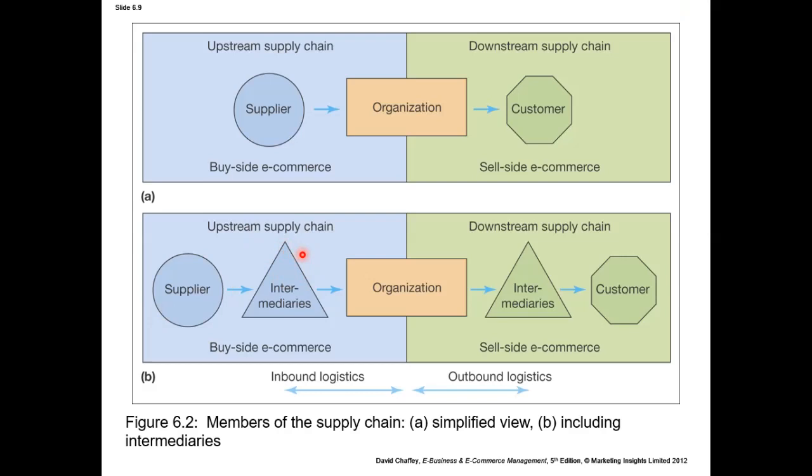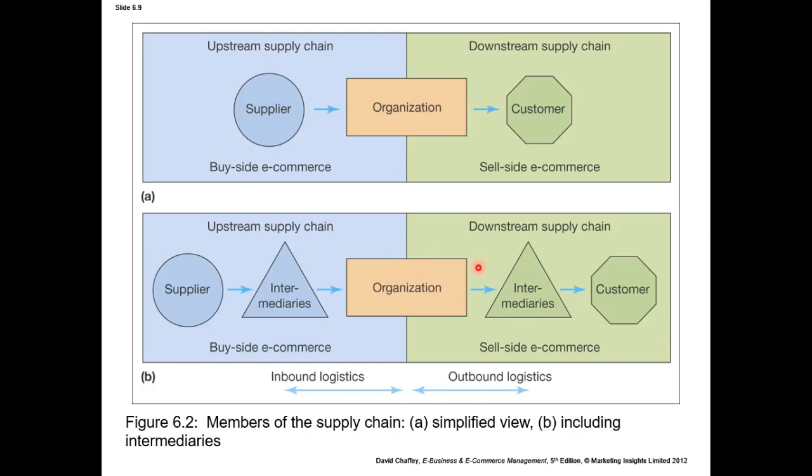right? And in the same way, the downstream supply chain may also have many business partners or many intermediaries in between, right? Organizations may be providing directly to maybe wholesalers, right? Then retailers, there might be distributors in between, like logistics companies, there might be warehousing facilities in between.